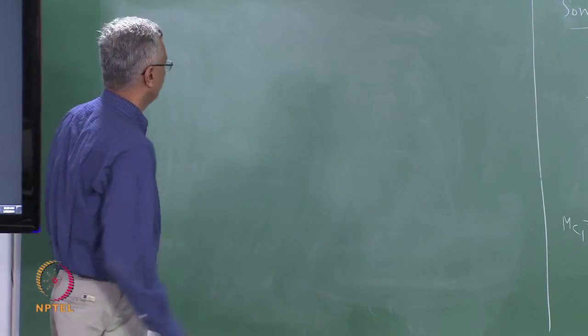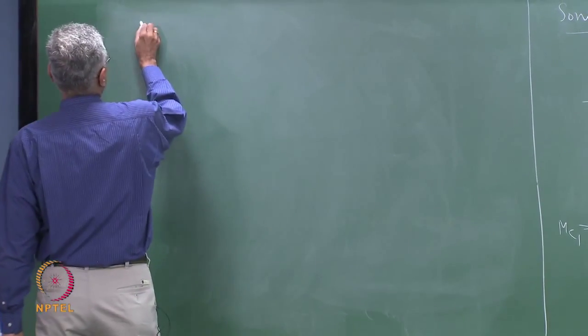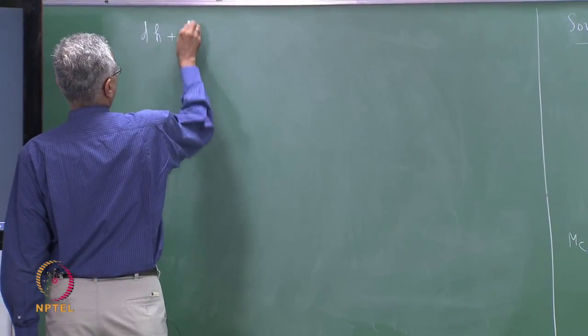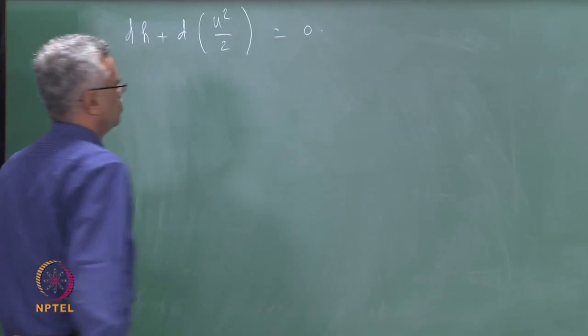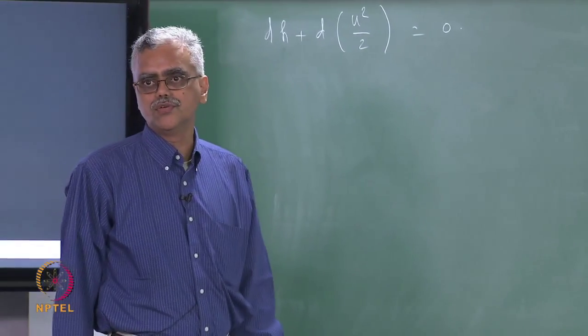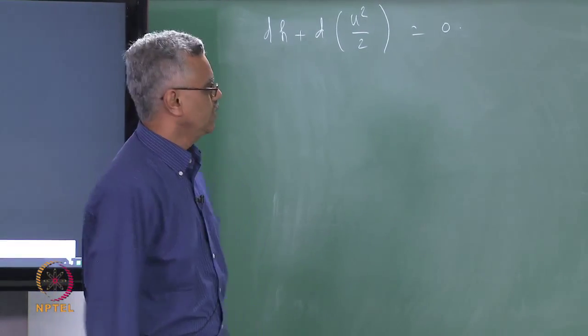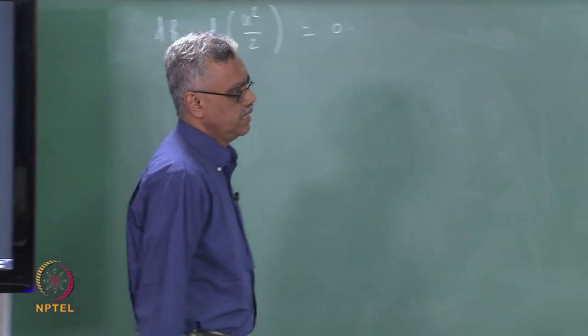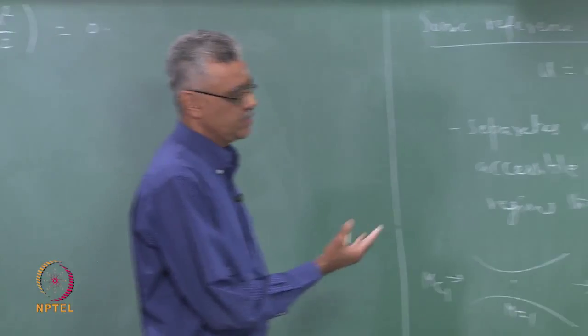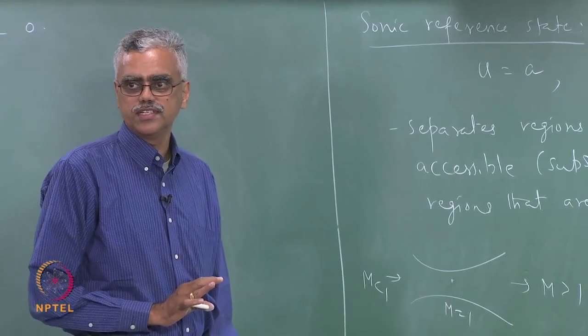So we start with the differential form of the governing equation, which was written as dH plus d of u square over 2 equal to 0. This was the differential form of the governing equation. If I apply this between the given state, for the sake of simplicity, let us denote this state as 1, or is this okay? We will just leave the state as it is.